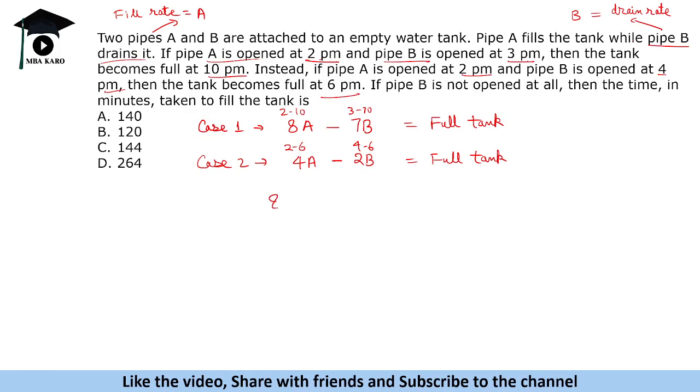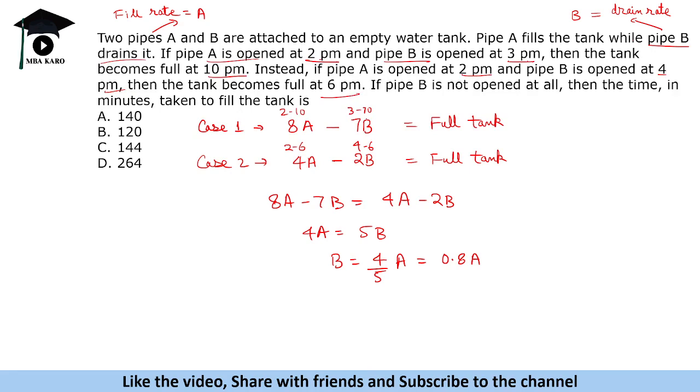So we can say that 8A minus 7B is equal to 4A minus 2B. So we get a relation: 4A is equal to 5B. Okay, so that we can say that B is equal to 4 by 5A or 0.8A.